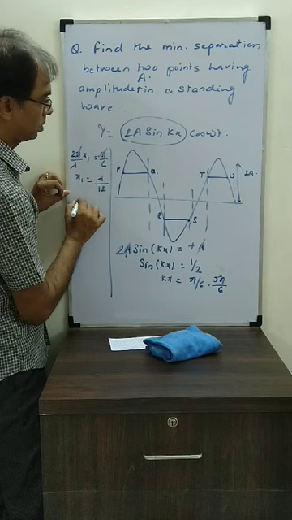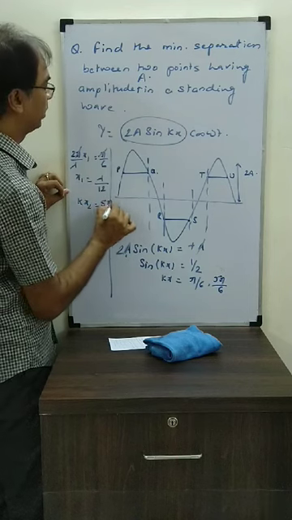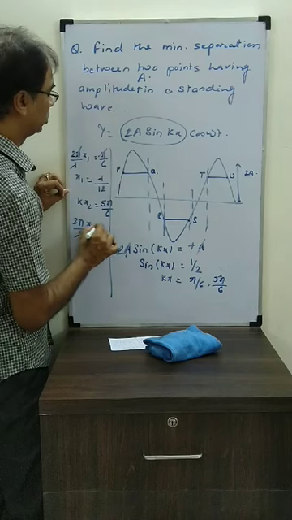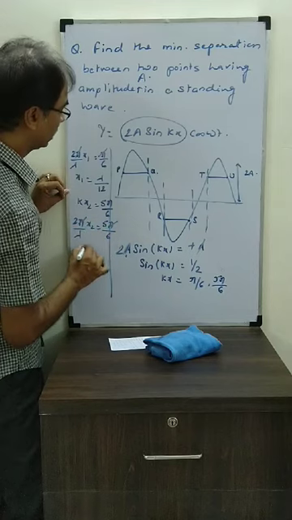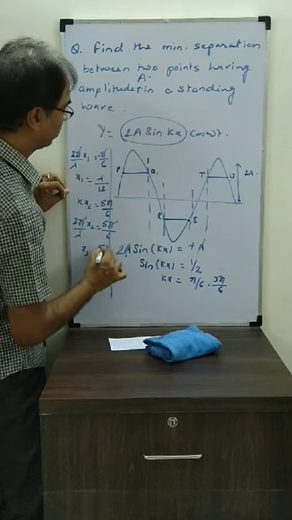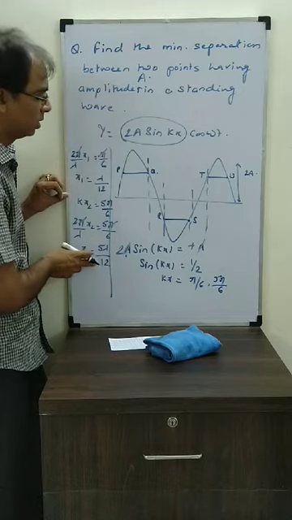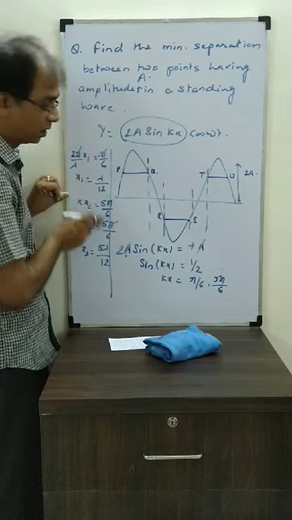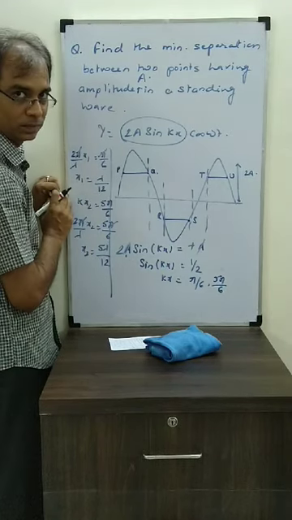Then kx2 equal to 5 pi by 6, so 2 pi by lambda into x2 equal to 5 pi by 6. Pi gets cancelled. X2 value we are getting is 5 lambda by 12. So what is the difference between x2 and x1? It's 5 lambda by 12 minus lambda by 12. The difference is 4 lambda by 12, that means lambda by 3.